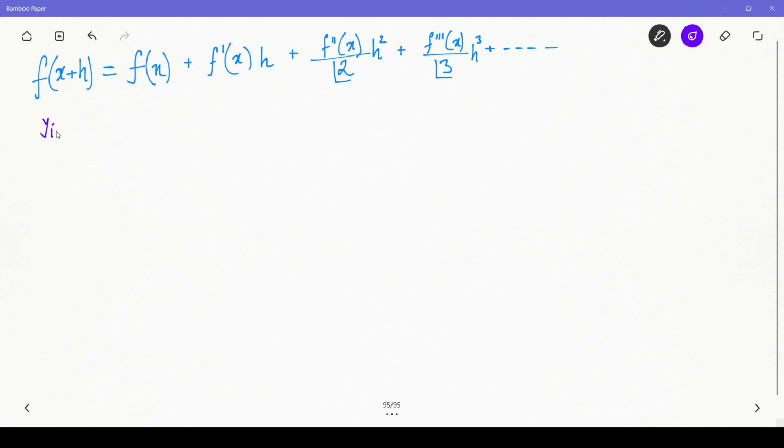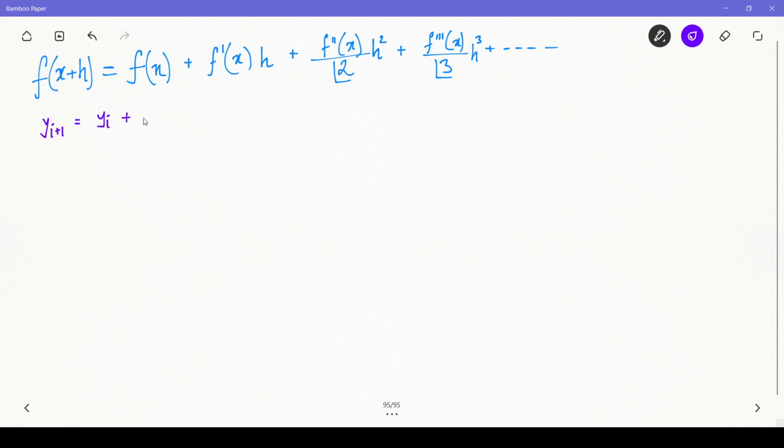So the value of the dependent variable at the i plus 1 step will be h step ahead of the value of the dependent variable at the ith step, right? So yi plus 1 will be h steps ahead of yi. Leveraging that intuition, f of x plus h, the functional value at the x plus h point, we call yi plus 1. Then what do we call the functional value at x? We call that yi, right?